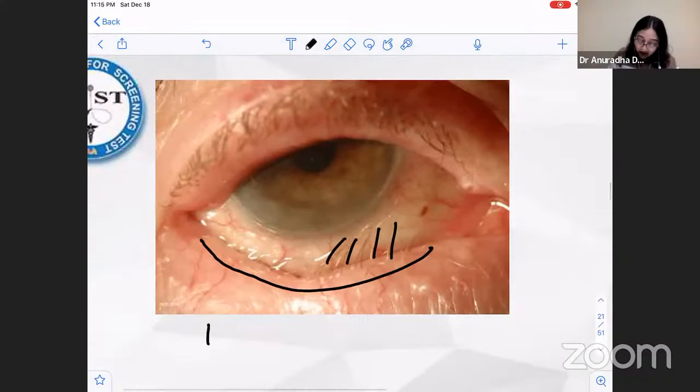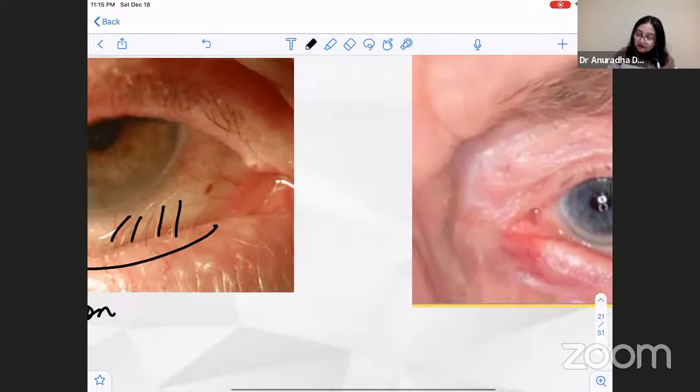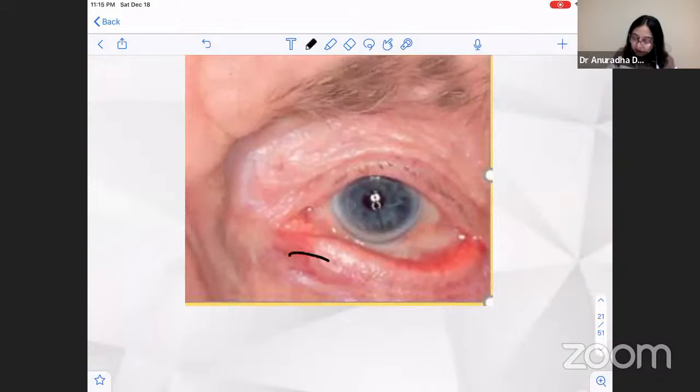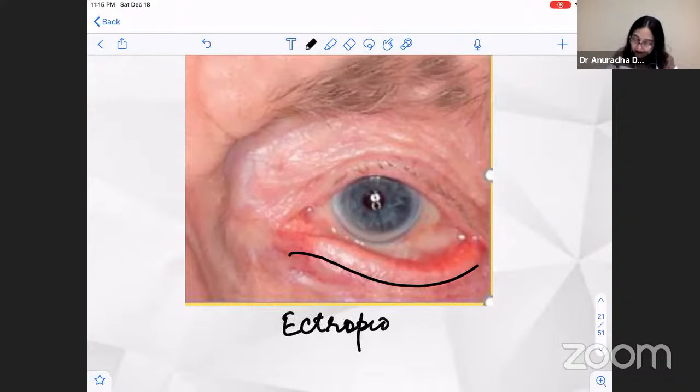So this is known as entropion, enrolling of the lid margin. And reverse of this is ectropion, but you notice here, outward rolling of the lid margin. So this is ectropion. Now, all these are important terminologies which we must remember, and important image-based questions also.